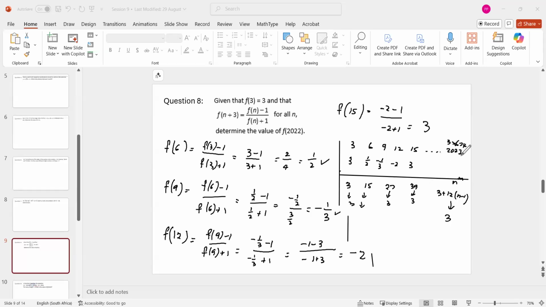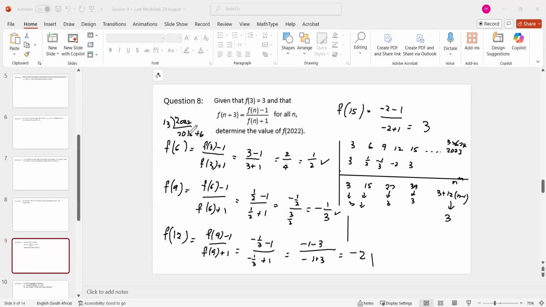Now, I don't know whether this 2022 is one of these. So let's divide this by 12. I think you have to divide this by 12 and see what happens. 2022 divided by 12 is 2016 plus 6.